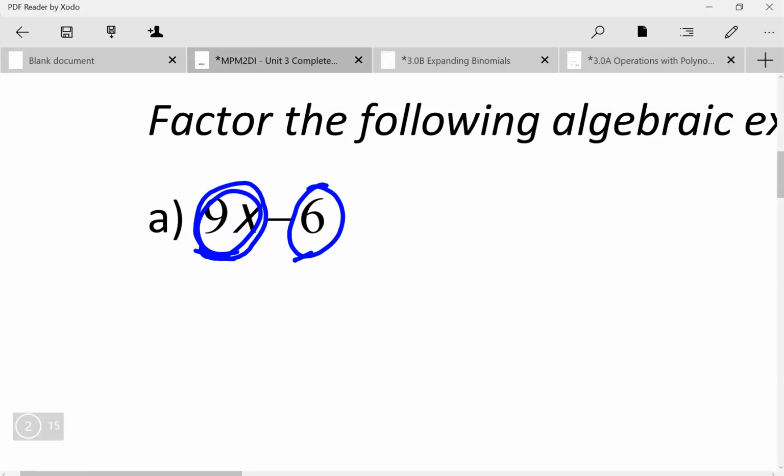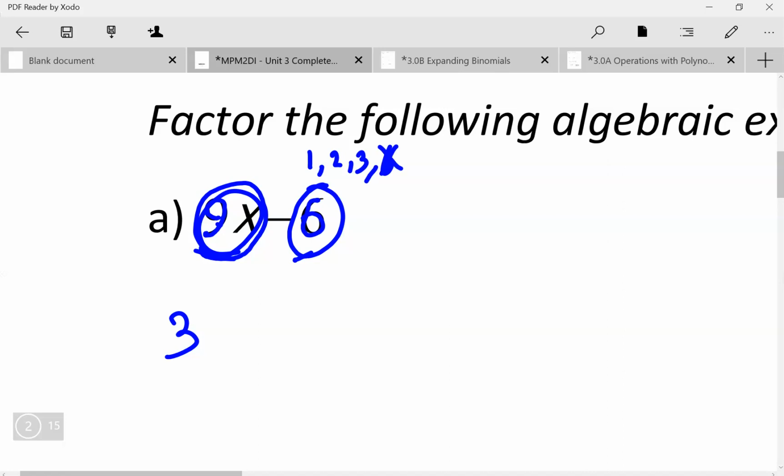So again, we're going to find the factors that are common between 9 and 6. And hopefully we can see that between 9 and 6, the greatest common factor is 3. An easy way to check that is pick the smaller number, which is 6, write out all the factors of 6, and see which is the biggest one that also goes into 9.